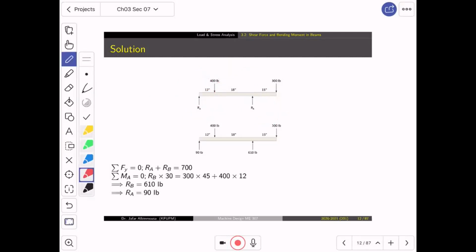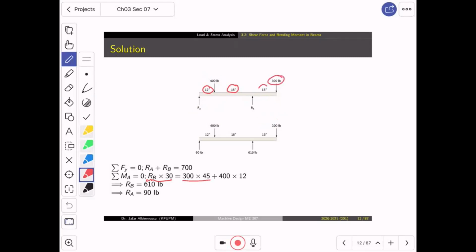So RB multiplied by what? By 30. What is 30? It is 18 plus 12. Good. And then which is equal. Okay, shabab, this is in the opposite direction, so it equals. So what do we have? 300 by 45.